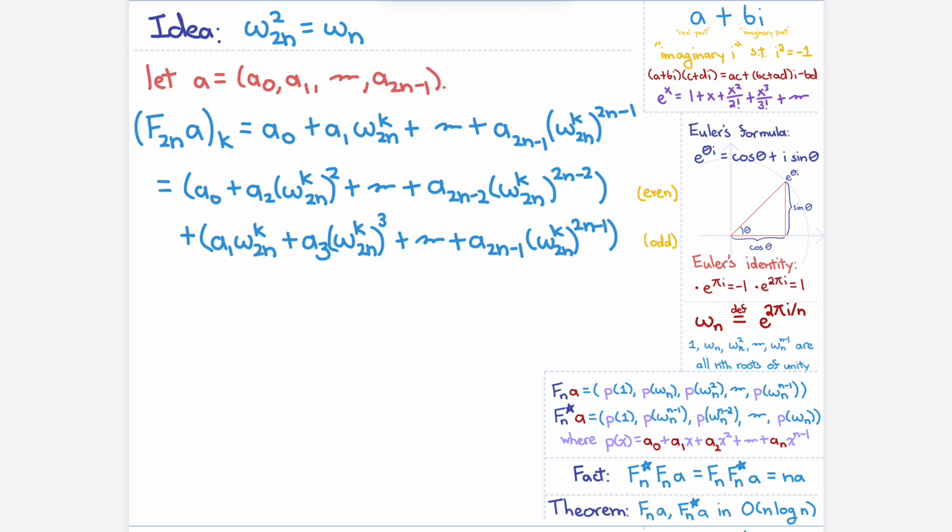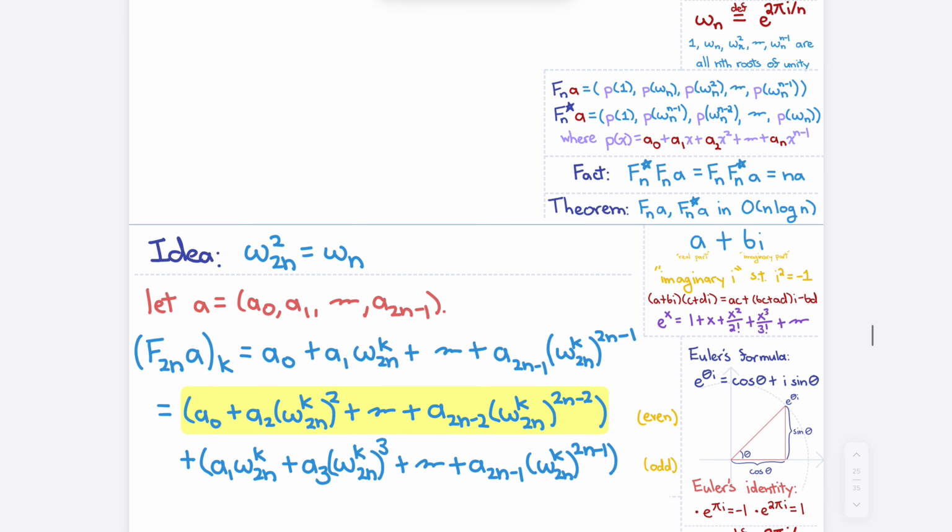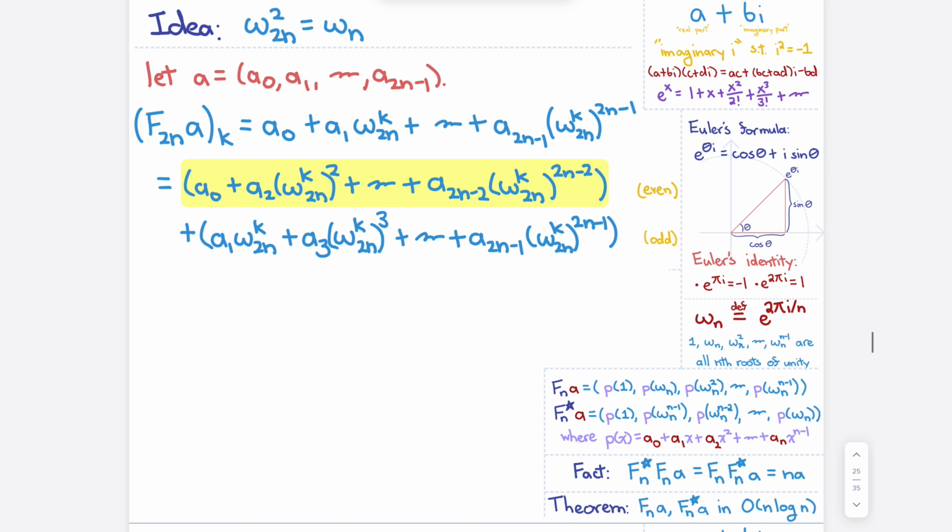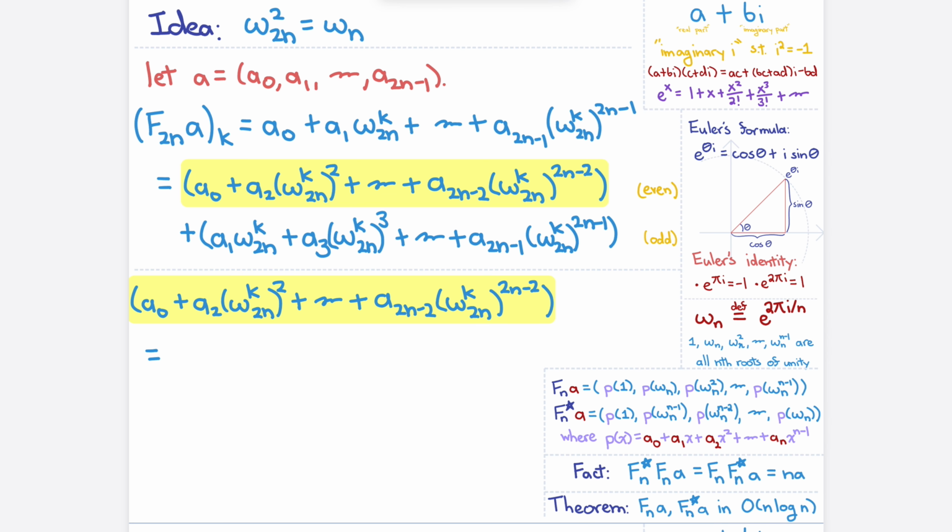Okay. Now what? Let's look at the even terms first. What can I try to do with these even coefficients and even degrees?